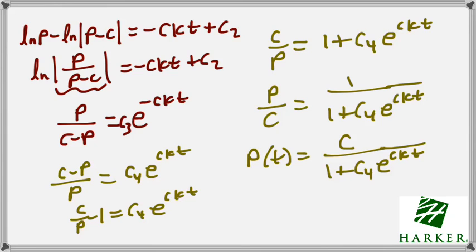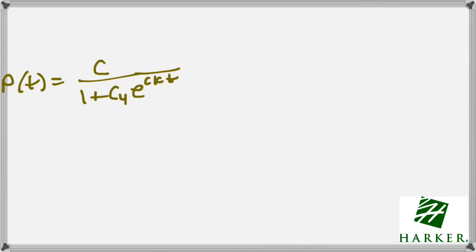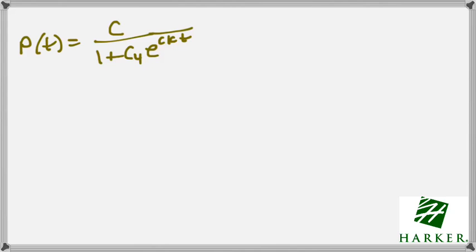Okay, now all I got to do is satisfy my initial conditions. Let me copy this. Now, granted, this was a little bit longer problem. Paste. Okay, so I know that P of 0 is equal to P naught.